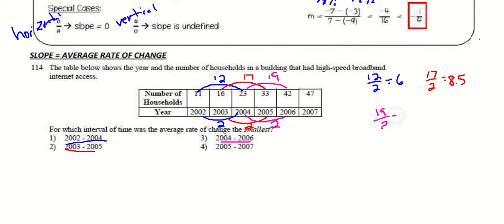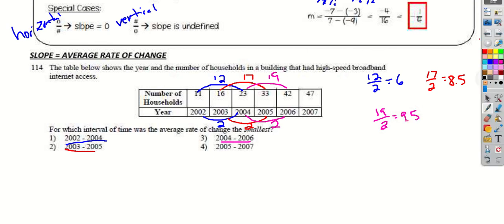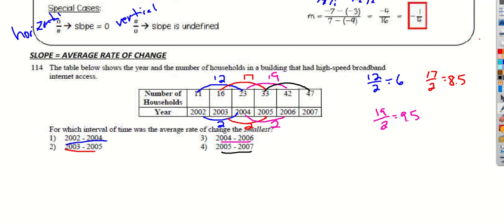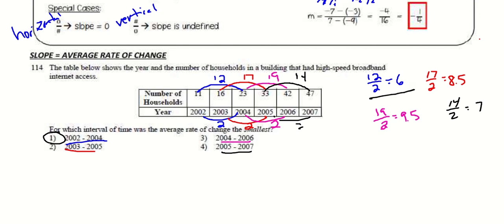So 19 over 2, okay, and there's 9.5. And then the last one, you guys get the idea here, right? 2005 to 2007, okay? This is a change of 14. Once again, that's over 2 years. So 14 divided by 2 is actually 7. And so the smallest change would be over the first 2 years, because the rate of change is essentially 6 households per year.